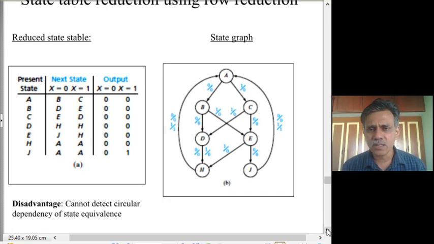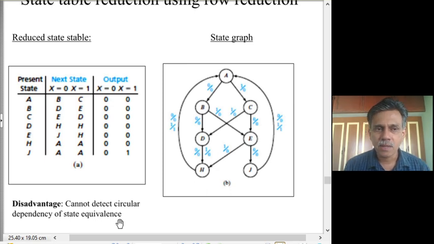Well, the row reduction technique reduces the states, but still there is some problem. There is no guarantee that all states can be reduced. So we reduced certain states which allowed us to reduce further states, and we did it iteratively. It is possible that you can have states which have circular dependency.